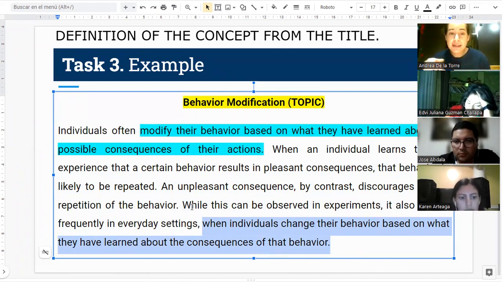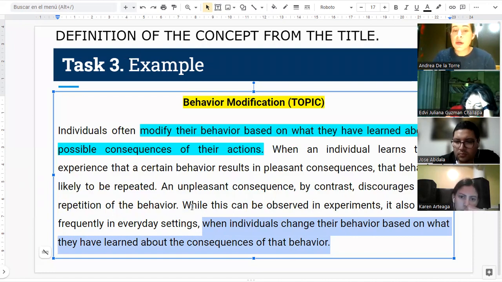You're going to have to find that sentence that tells you the definition and take a few notes because you will need them. Okay, so take a few notes on the definition. You're going to write down, first thing was the title, right? So you'll have behavior modification and a few keywords for the definition. So you maybe can have change behavior based on consequences. Okay, and that's it.